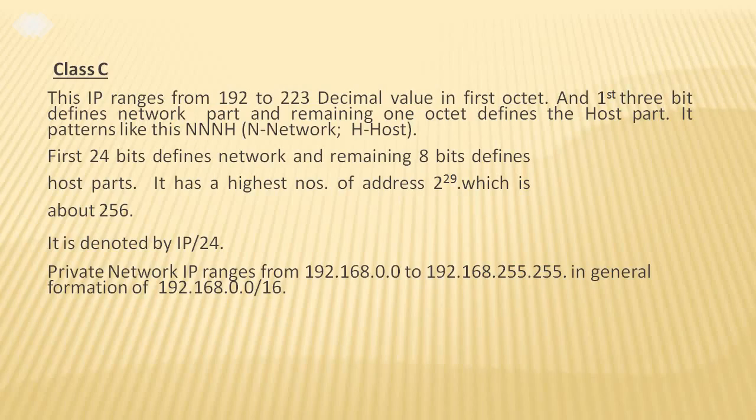The highest number of addresses is 2 raised to power 29, which is 256, denoted by IP /24. And in some private networks, the IP range is the formation of 192.168.0.0/16, which is the formation of our class C.